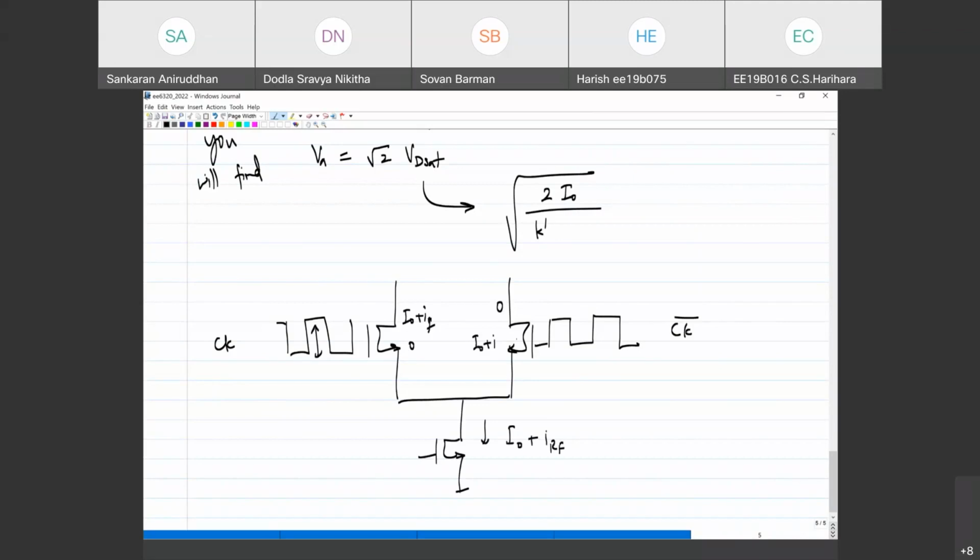But that won't happen if this amplitude is not enough. What will happen is that it will go from some finite value to something less than this. So in other words, there will be a common mode value and the differential mode value. The differential mode value will never be equal to I0 plus IRF. Okay, I hope that makes sense.